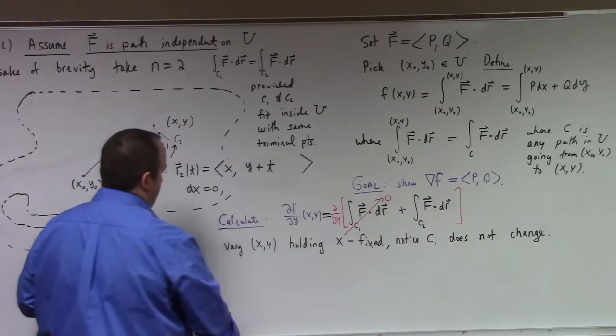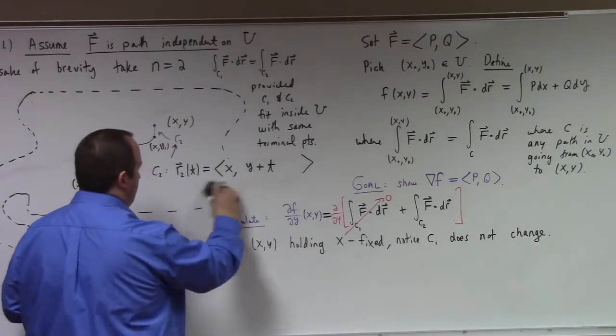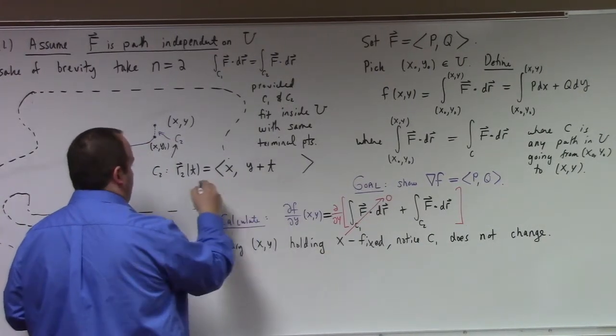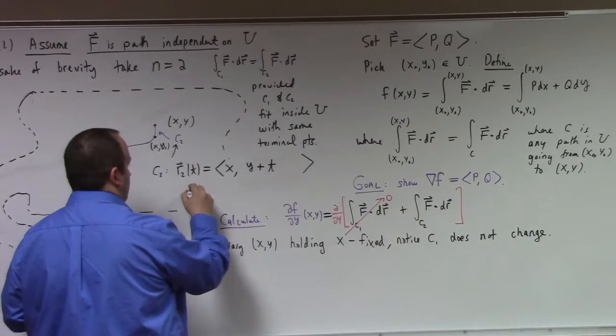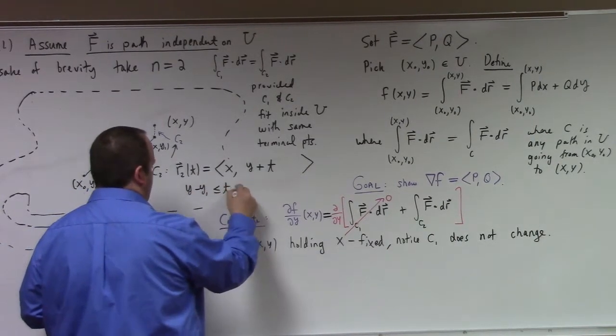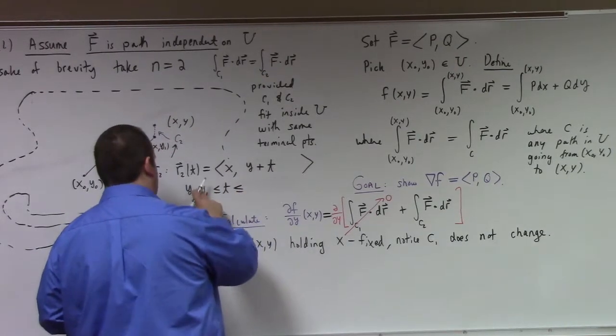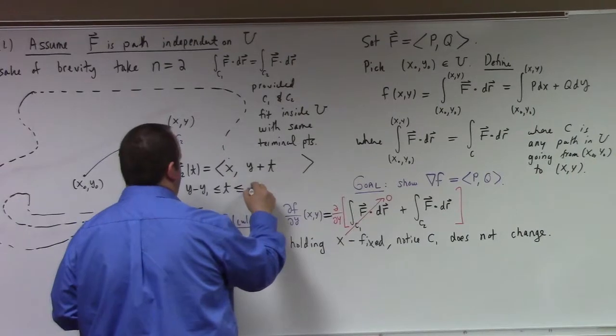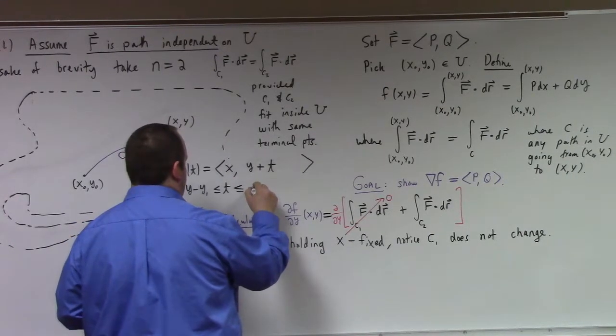That'd be smarter. And I need y minus y1 less than or equal to t less than or equal to, I don't know. Well, if I want it to end at y, I can just put 0 there, I suppose.